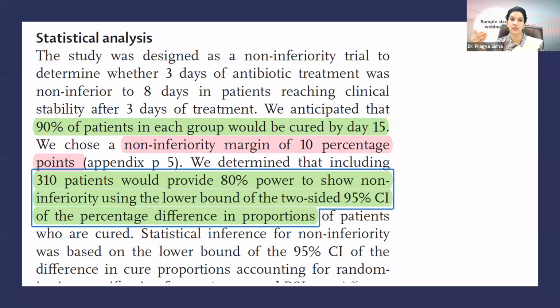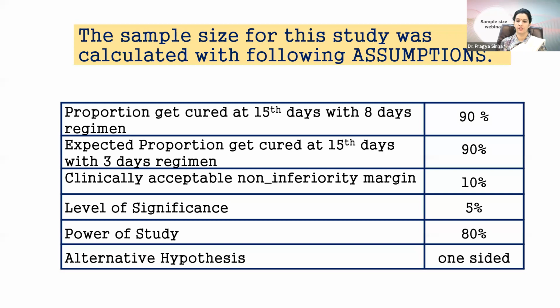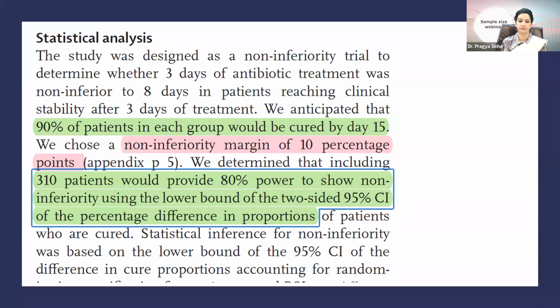Then they took the non-inferiority margin as 10 percentage points. 90% was the expected proportion in both the 3 days and the 8 days arms. The clinically acceptable non-inferiority margin was 10%, that means from 80% to 90% is a clinically acceptable margin, with level of significance 5 and power 80. So it is 201. So what is their value? It is 310.